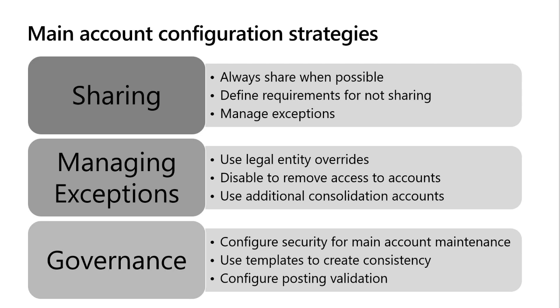The final governance tip we have for you is to consider using database logging to track the changes that are made to main accounts, posting profiles, and critical parameters. In the event that an unexpected change happens, you can use the log as an audit trail to determine who made the changes, when the change was made, and what the previous value was in the event you need to revert the configuration back to the original value.